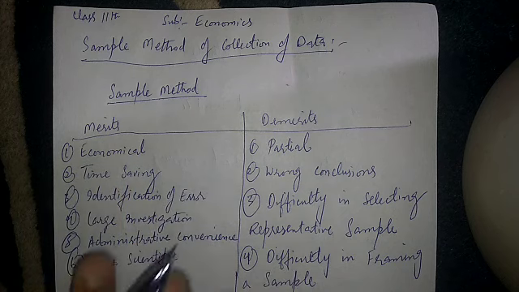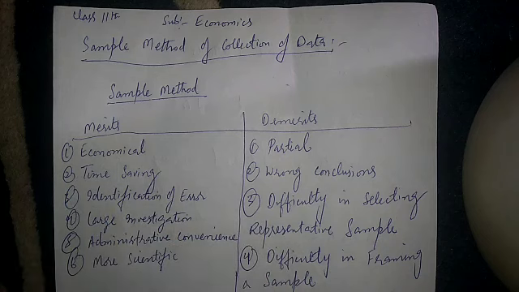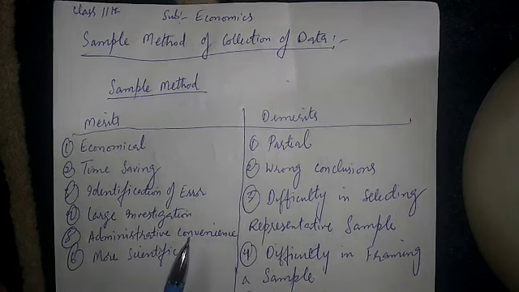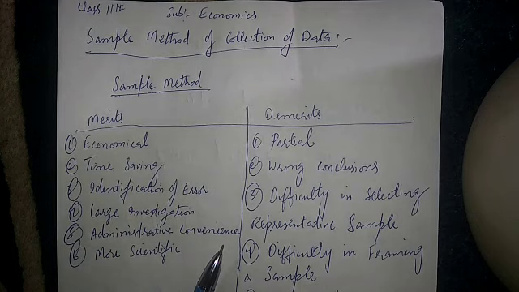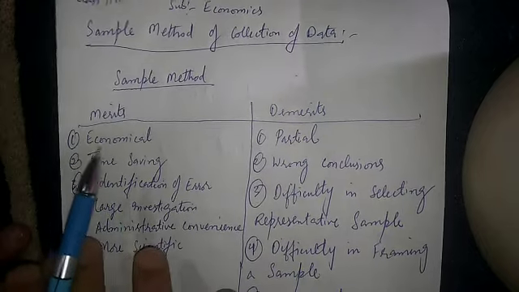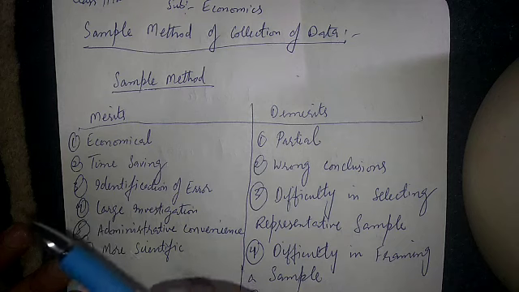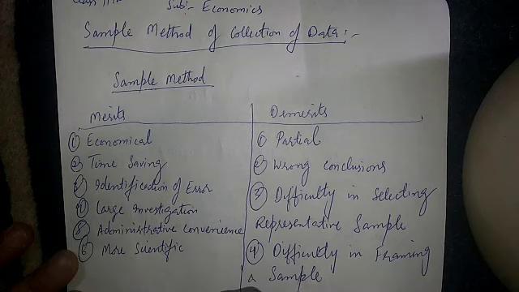Now, what are the merits of this sample method? Number one is economical. One of the principal merits of the sample method is that it is economical, because only some units of the population are studied.